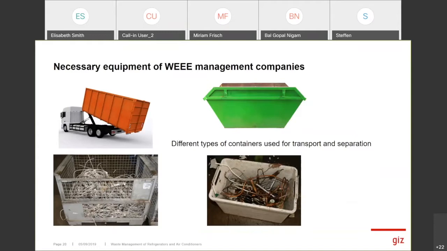And on the other side, you can see a small container with the refrigerant circuit components like filter dryer and copper tubes, aluminium, and so on.